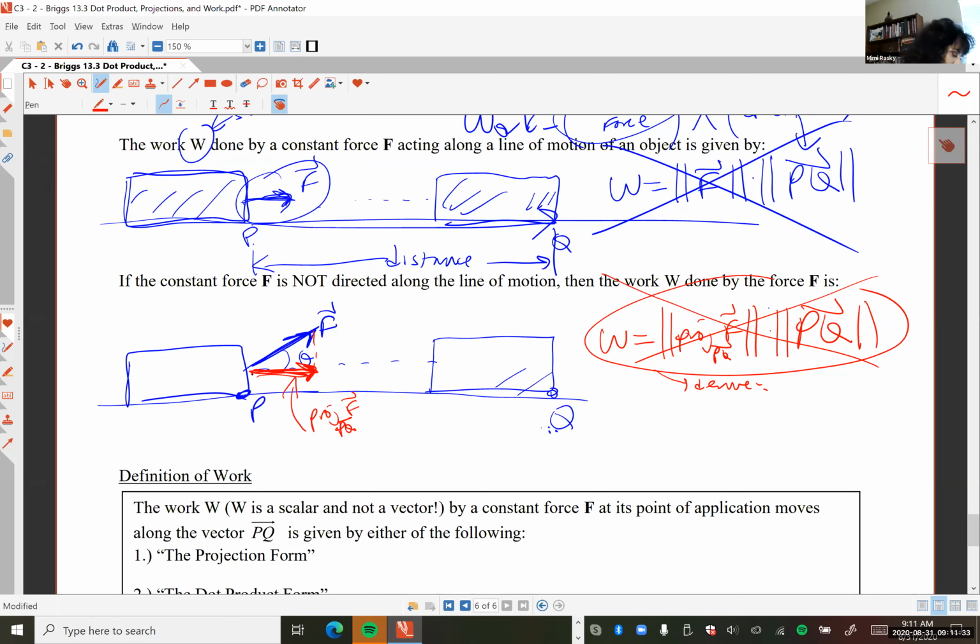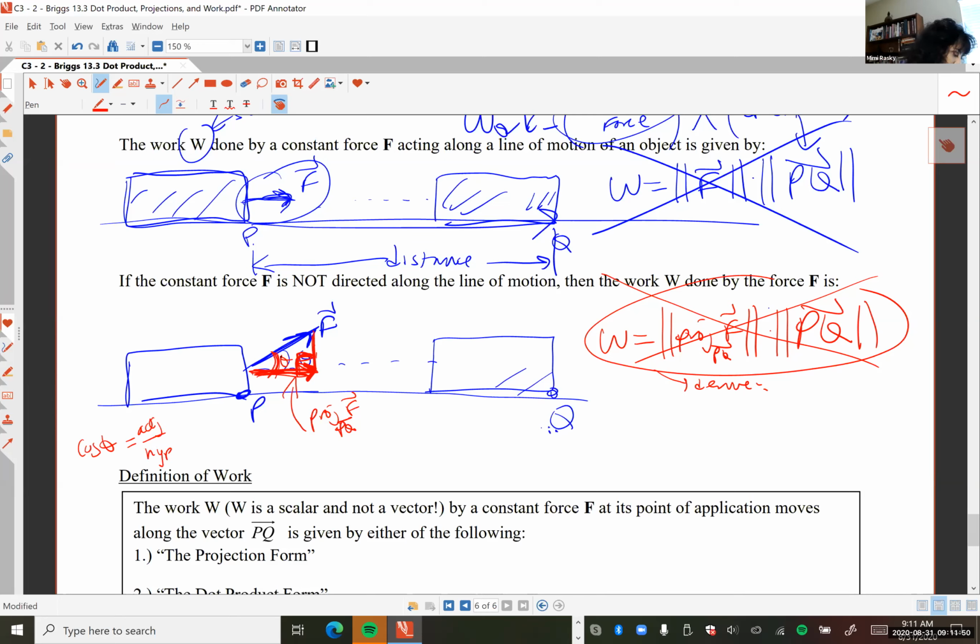So what do I mean? This red vector is what we want. But if I drop this perpendicular down, we have a right triangle here. And what we're going to use is our knowledge that cosine theta is equal to adjacent over hypotenuse.